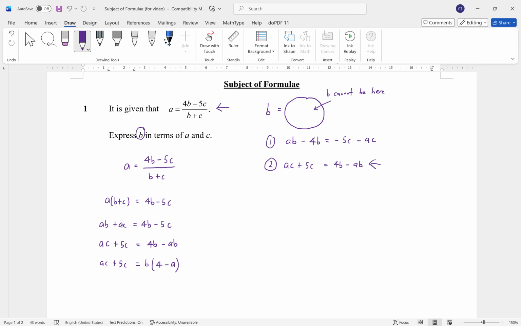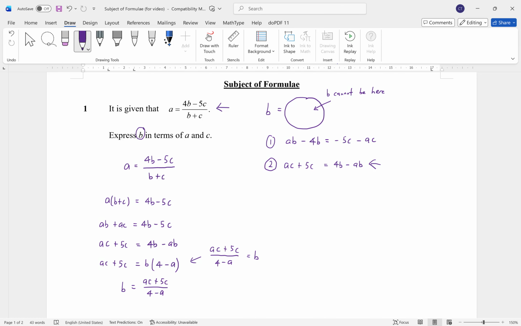But at the same time, you can actually just flip the equation, because if we were to divide both sides by 4 minus A, we will get AC plus 5C over 4 minus A equals to B. Writing this is the same as writing this, AC plus 5C over 4 minus A. In math, if you want to make B the subject of formula, we would usually prefer to write it on the left side.